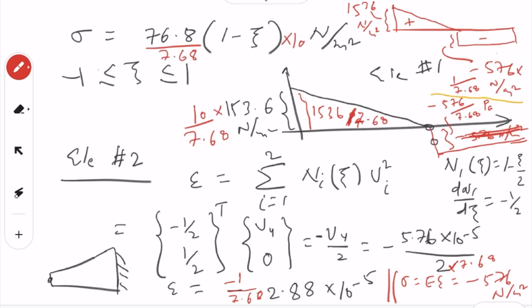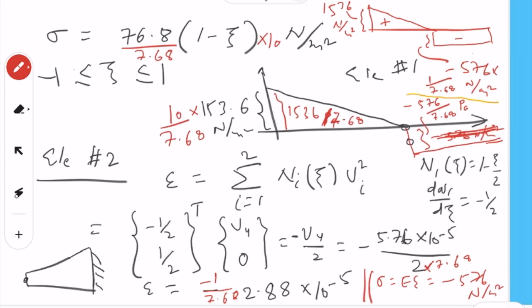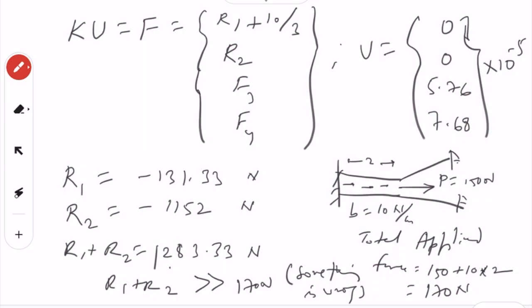This is strain, so here divided by 7.68, and then we get R1 and R2, which will be divided by 7.68.